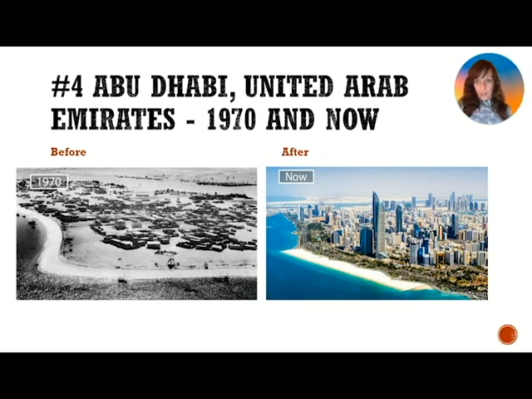Then we have again Abu Dhabi from the 1970s, and now we can see that there was almost no city over there, and now we have such an amazing place. You can just imagine all the things improved in order to get to now.